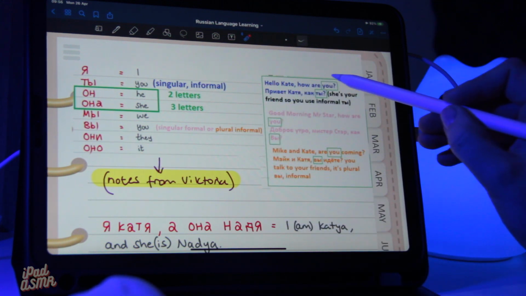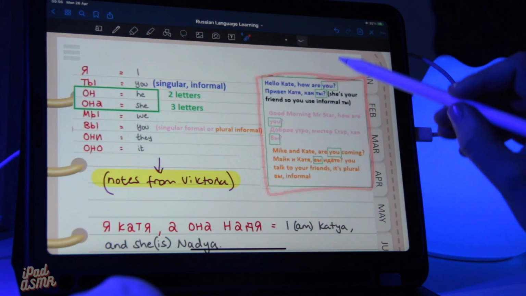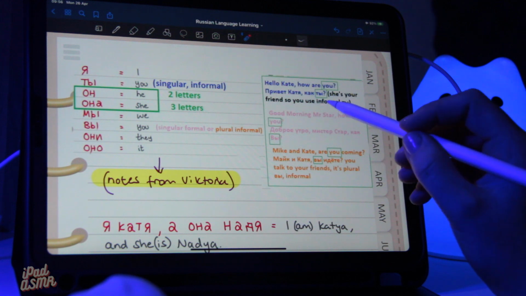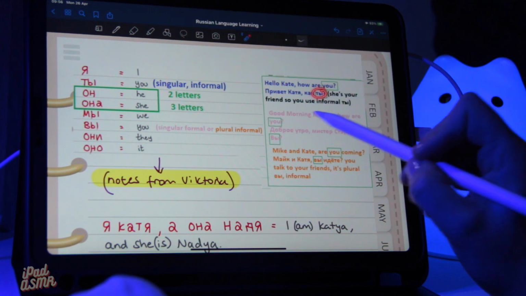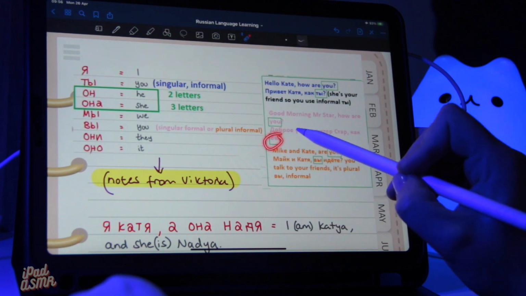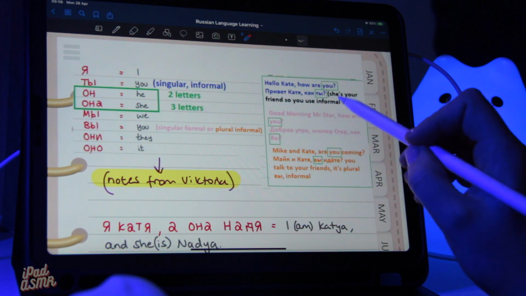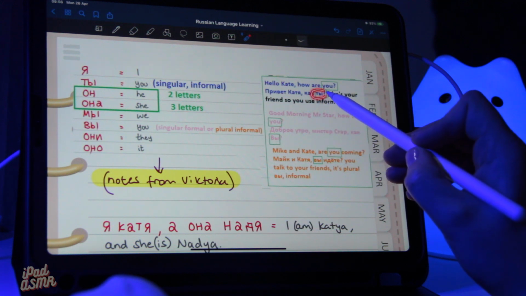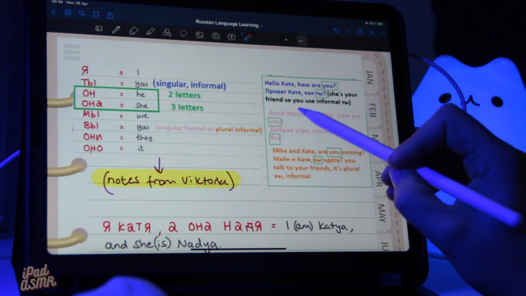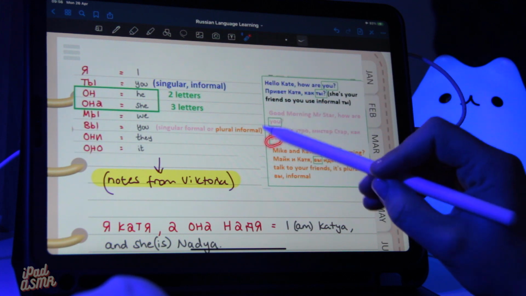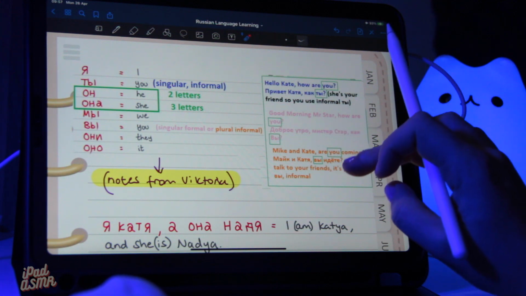Okay, so here we have a little bit of my homework, which I haven't done yet. It's just basically looking at the informal T and formal V of you, because you say T when you know that person, as in how are you, and you say V when you don't know them or it's a more formal situation.